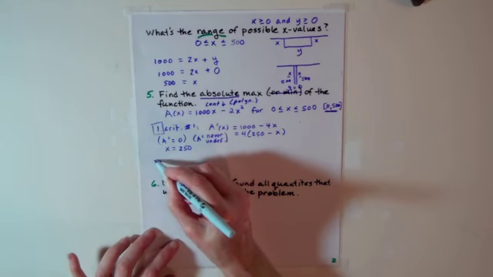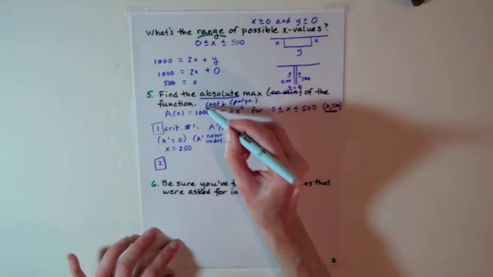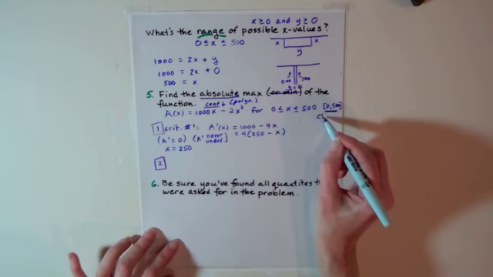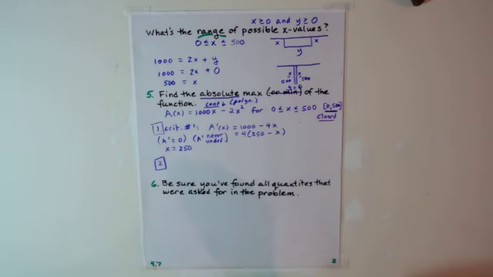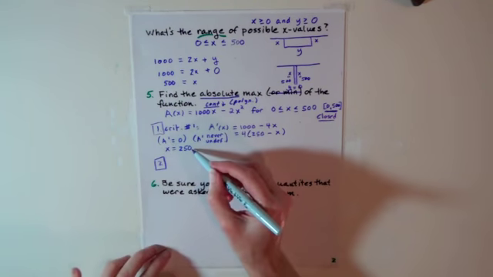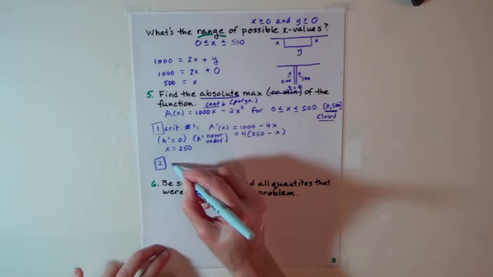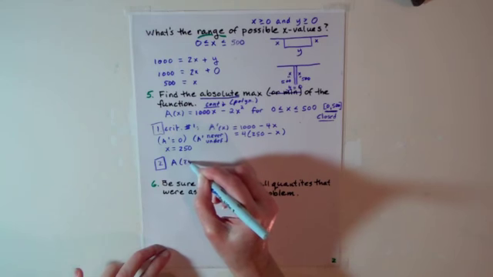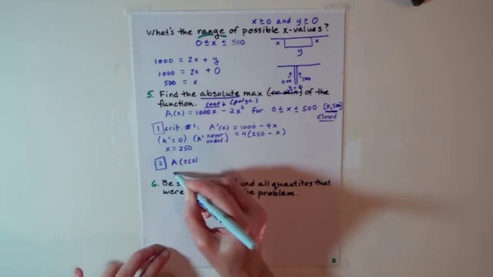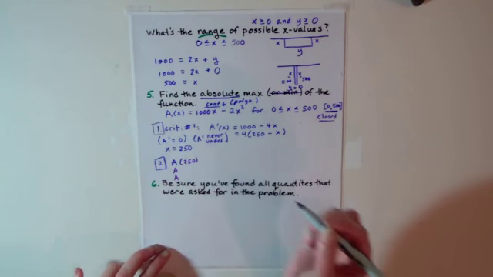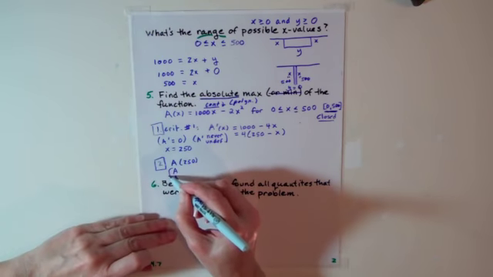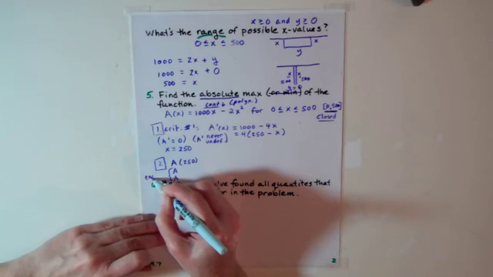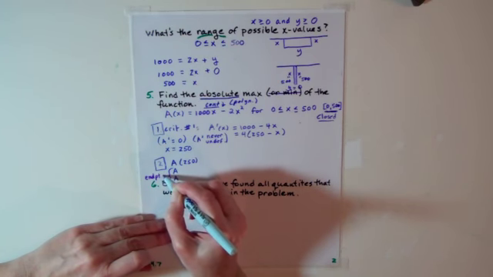But let's use the quick way that works when we have a continuous function on a closed interval. Remember from an earlier section, all you have to do is take this critical number and throw it into the original function, A of x, as long as you also check the endpoint values. So this is the critical number value. We will also check A at the two endpoints of our interval.